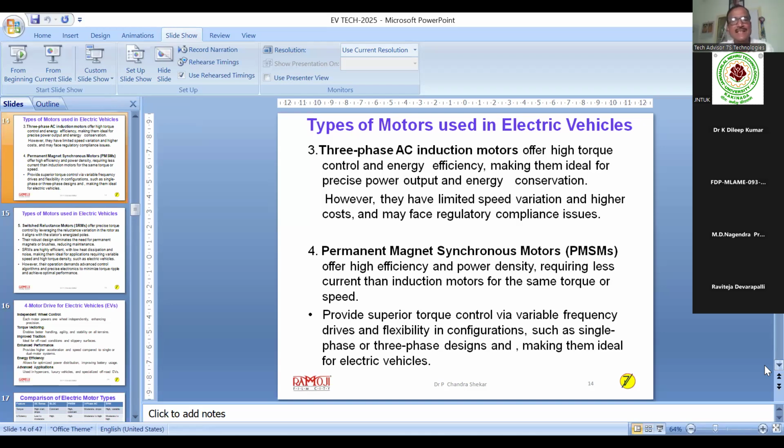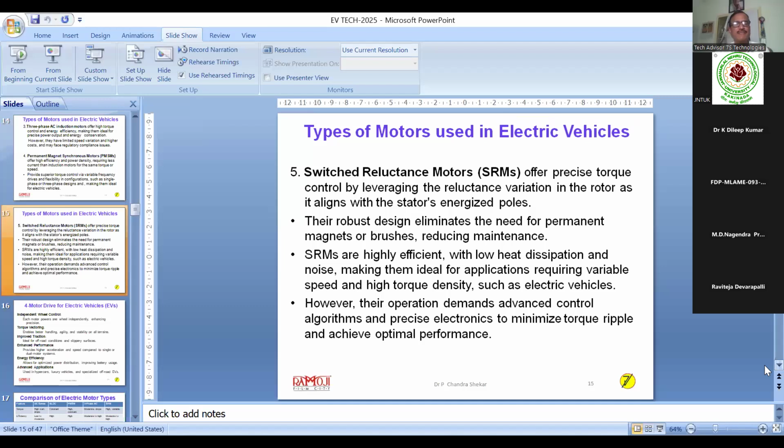After experiencing the 1, 2, 3, 4 types of motor, now finally for the electrical vehicles of higher capacity, that means four-wheelers plus the cars and the higher end cars plus the buses, we use most of the time switched reluctance motors, and they offer precise torque control by leveraging the variation of reluctance in the rotor as it aligns with the stator energized poles.